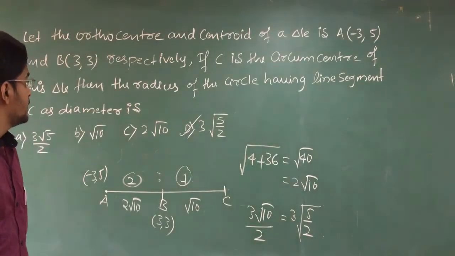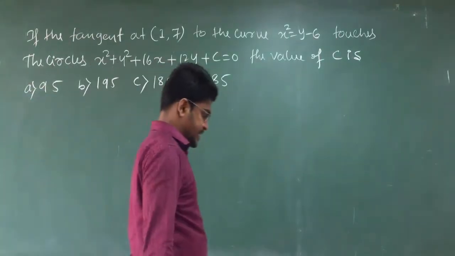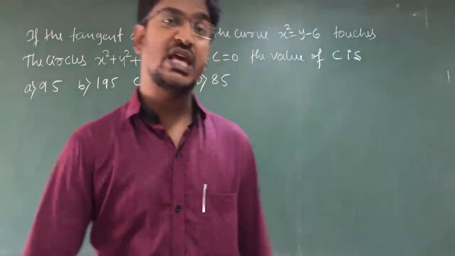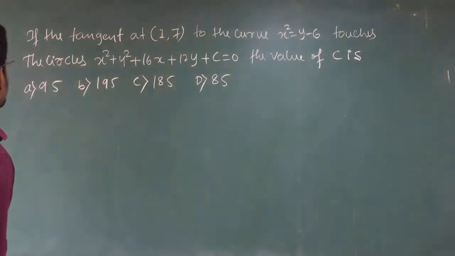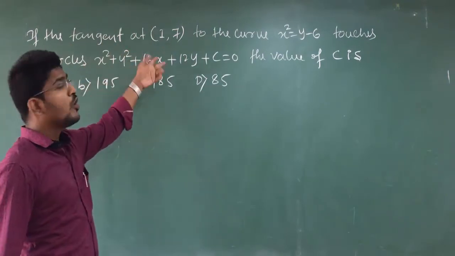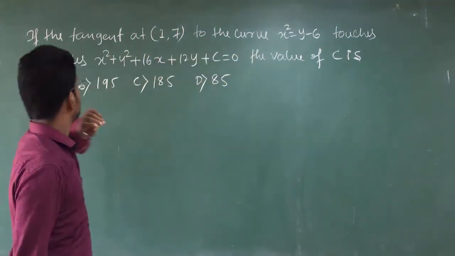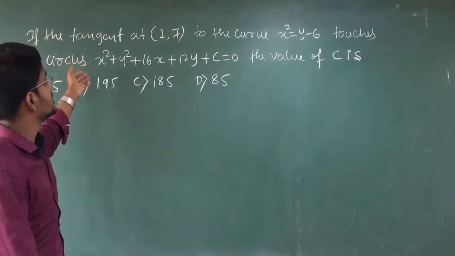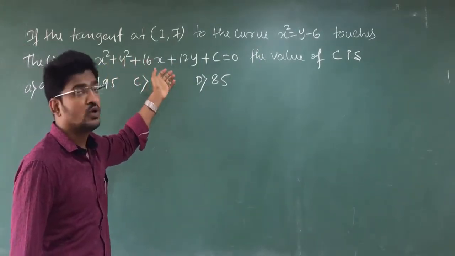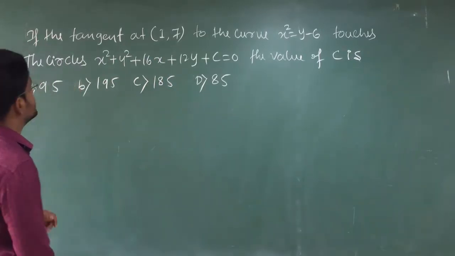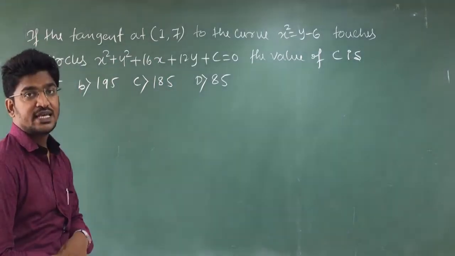Okay, students. Next, let us go for the next problem, that is from application of derivatives. Clear? If the tangent at (1, 7) to the curve x square equal to y minus 6 touches the circle x square plus y square plus 16x plus 12y plus c equal to 0, what is the value of c they are asking? Clear?